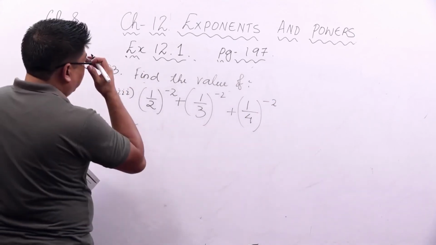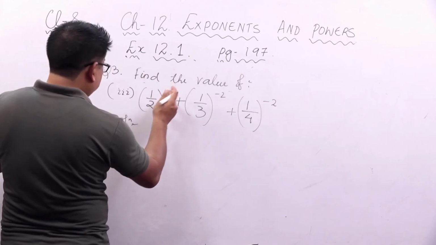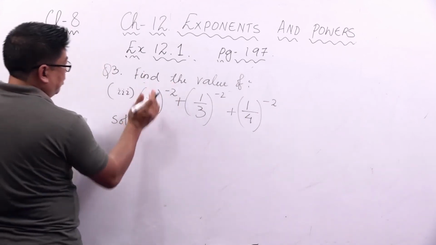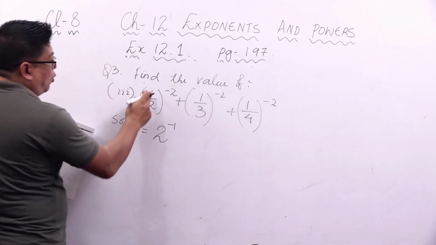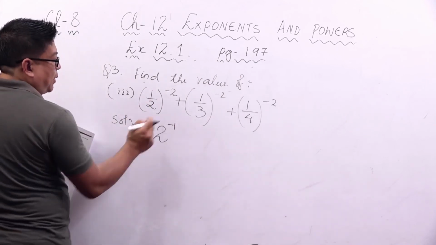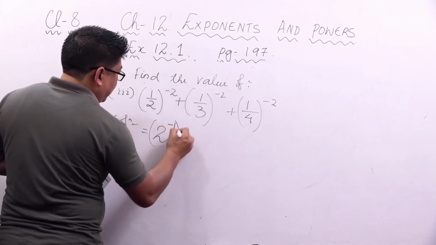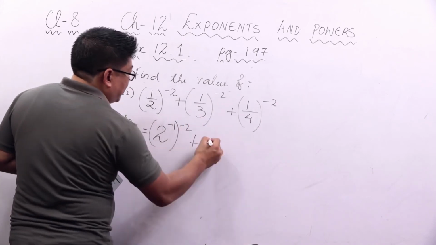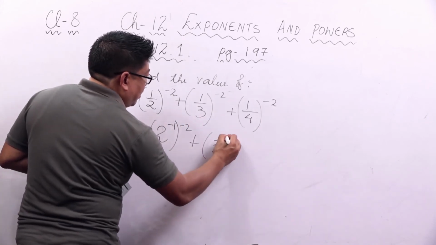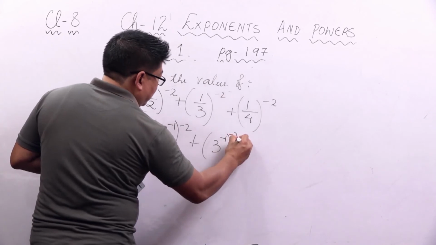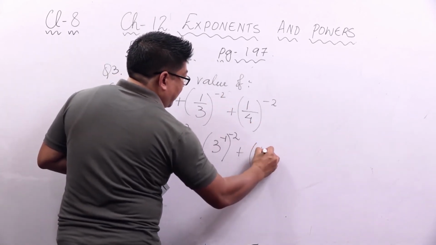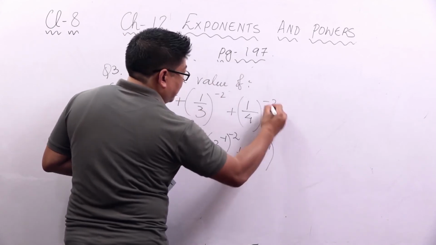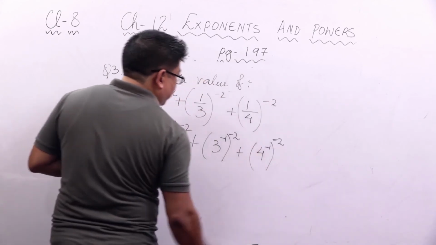So what we will do here is we will bring these to a negative exponent. 1 by 2 I can write as 2 to the power minus 1, right? And 1 by 3 I can write as 3 to the power minus 1. Plus 1 by 4 I can write as 4 to the power minus 1. And the power will remain the same, minus 2.